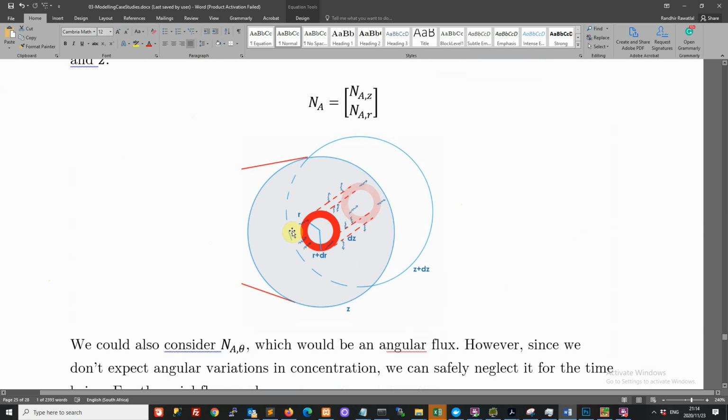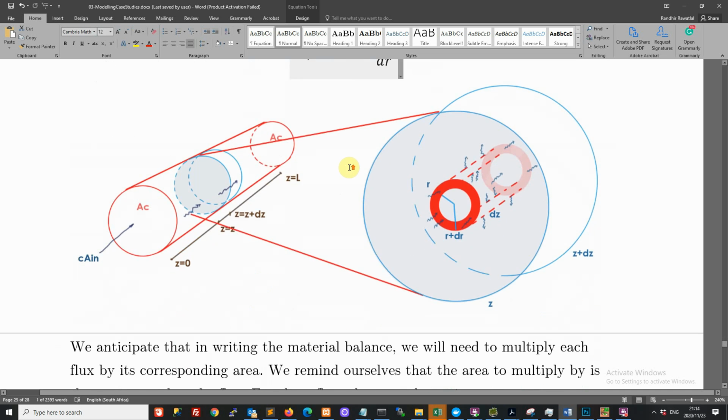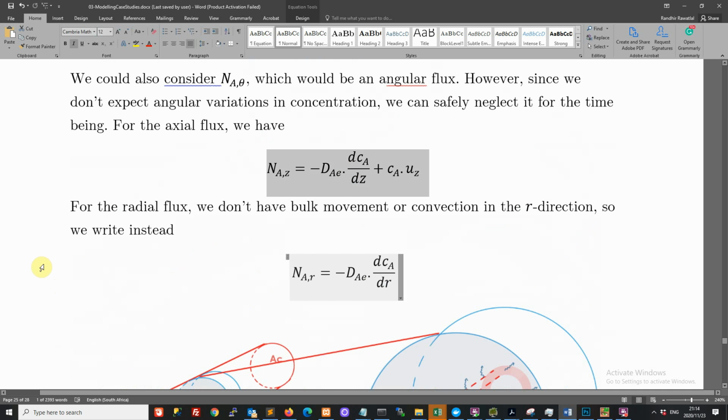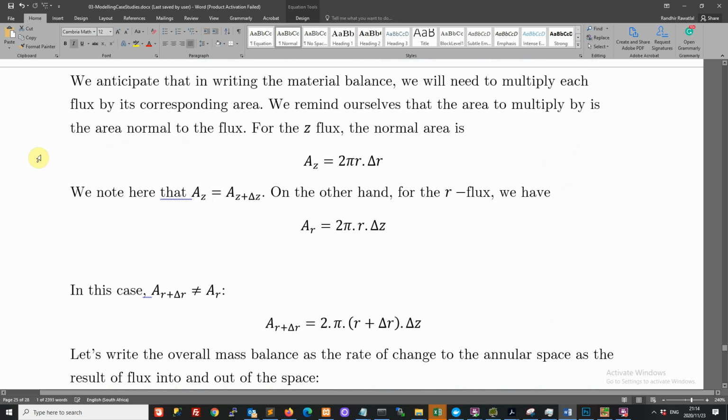So there's a flat surface here for flux in the z direction. There's a curved surface on the inside for a radial flux, and there's a curved surface on the outside here. That's also for radial flux. So be sure that each element here is properly understood, both in terms of discovering what the flux is and in terms of what the areas are.